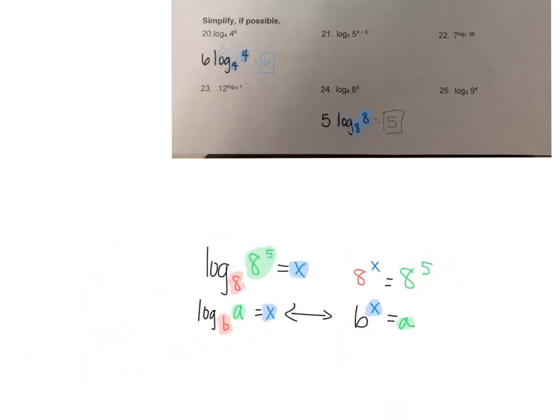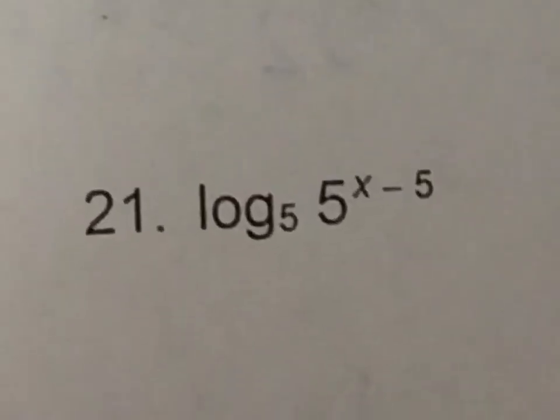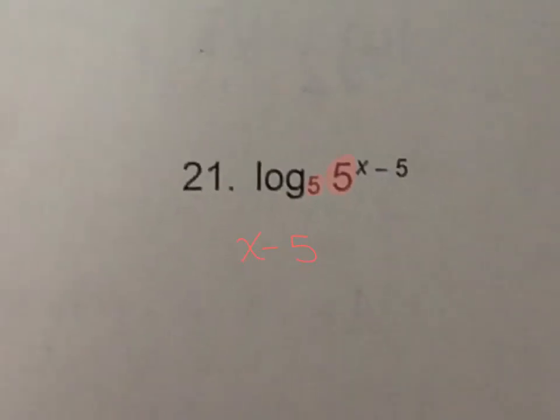Okay, so we're going to apply that process to several other problems. Look at problem 21. What am I going to be left with? Notice that my base is 5, and I have a 5. So what's my answer going to end up being to this problem? X minus 5. When it all simplifies out, it's just x minus 5. Could you move this exponent down to the coefficient first?